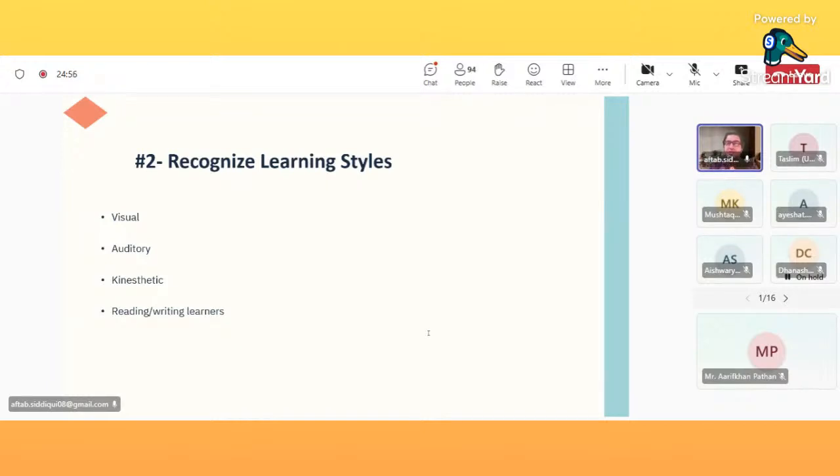And some students are kinesthetic learners. As I said in the first lecture, day before yesterday, kinesthetic learning is more experiential learning. Okay, this type of student learns only through experiments like role playing.